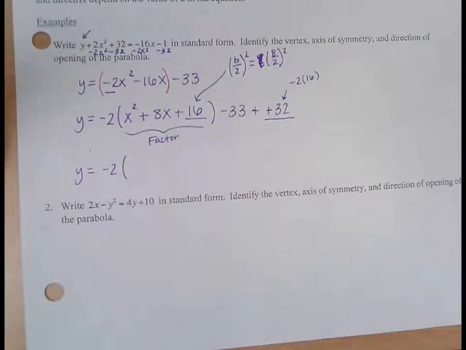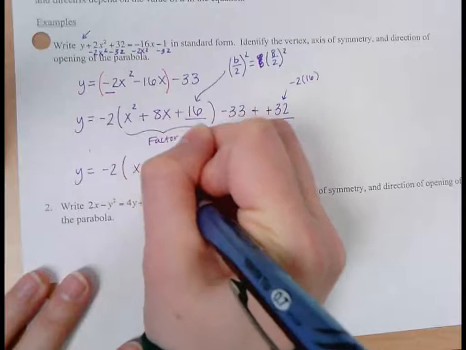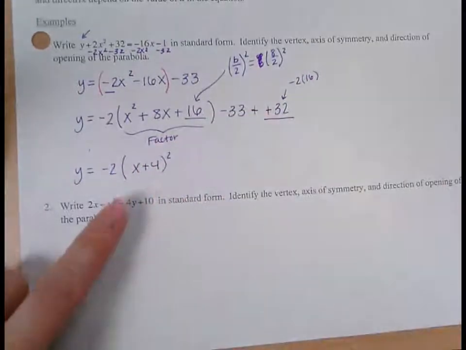Anyone know what that quantity will be that's being squared when it's factored? What did you say? X plus 4, yes. So x plus 4 quantity squared.